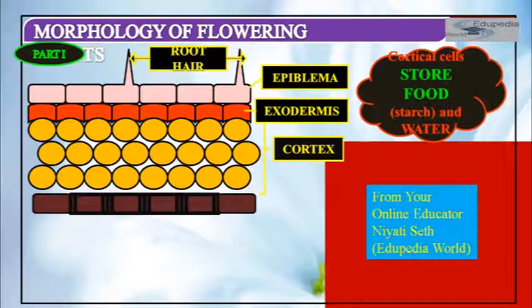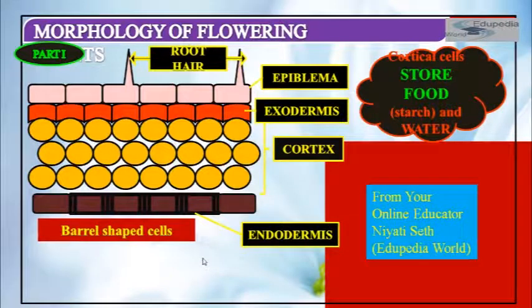Now comes endodermis, students. This is endodermis. It is the innermost layer of cortex formed by compactly arranged barrel-shaped cells. Students, this black highlighted part shows the barrel-shaped cells. Some of the cells in the endodermis are thin-walled and are known as passage cells.